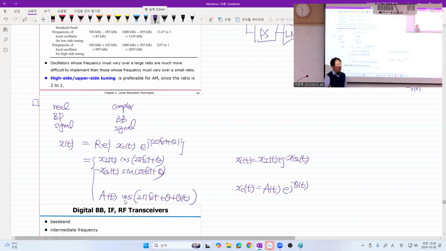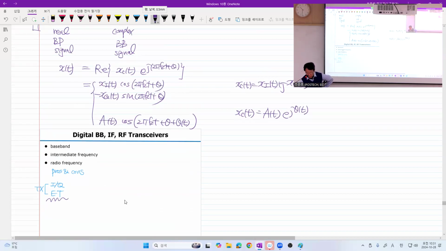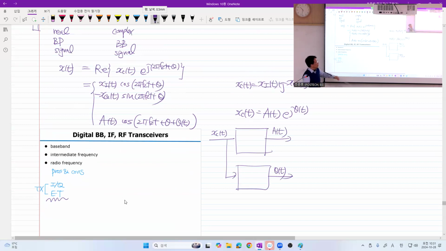It is motivated by polar coordinate representation of a complex number. That is the idea of the envelope tracking technique. So what they do is like this. You have some signal you want to generate. You do some computation to extract amplitude and phase separately.